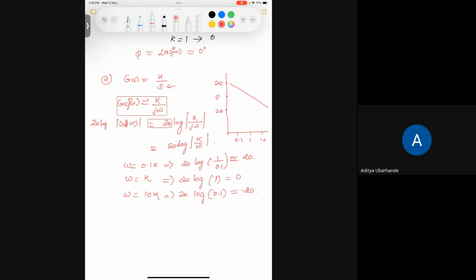This slope corresponds to minus 20 decibels per decade. We call it a decade because on the logarithmic scale, for every change of a power of 10 we have this slope, which is minus 20.